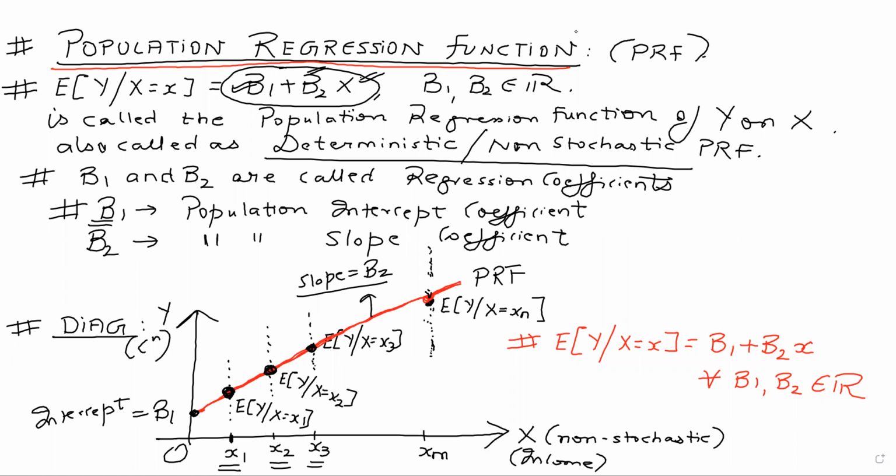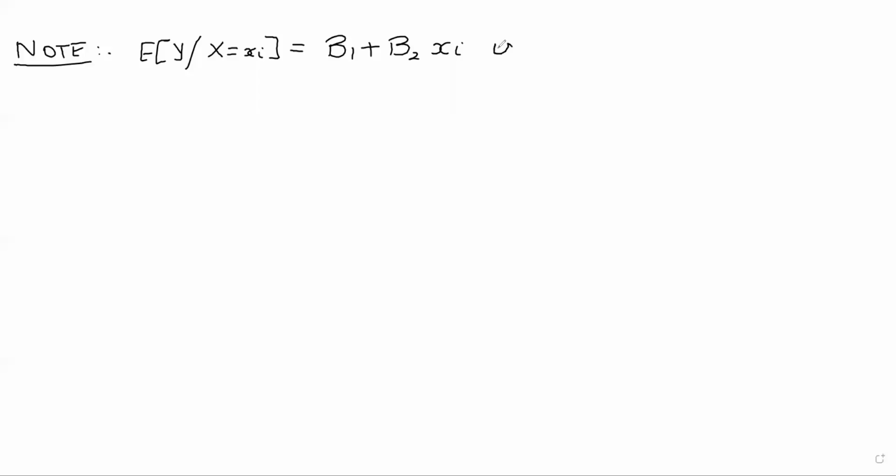So, guys, I'm erasing all this now. So I can write a few points. Expected value of y given x equal to xi, which I can write as capital B1 plus capital B2 times xi.